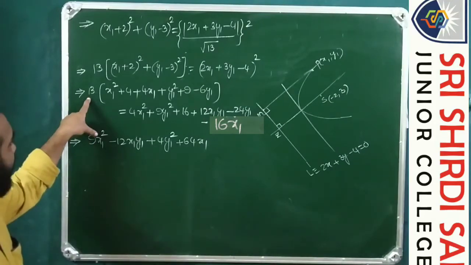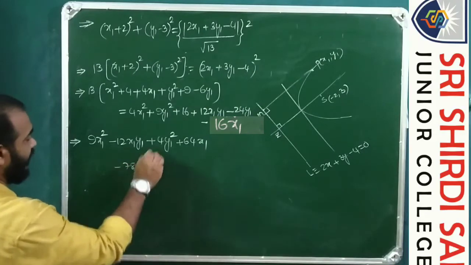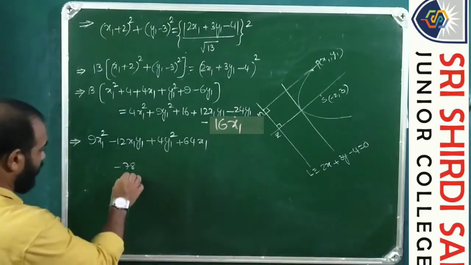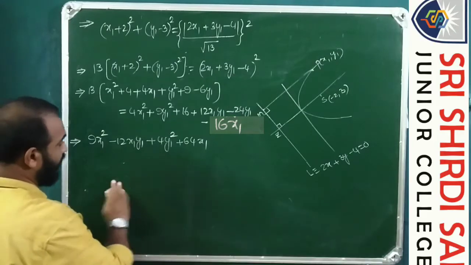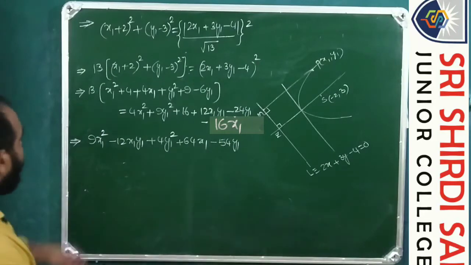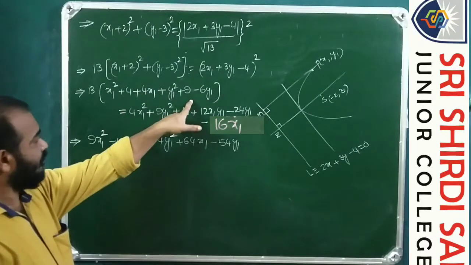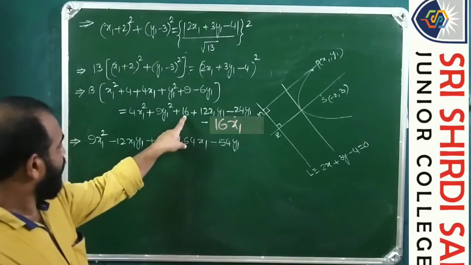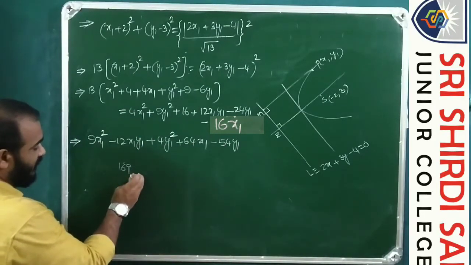Next, 13 into 6 is 78, minus 78. Next here, plus 24, so minus 54y1. Next, 4 plus 9 is 13, 13 × 13 is 169. Here plus 16, if you transpose to that side, minus 16.